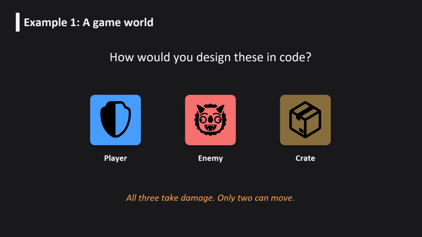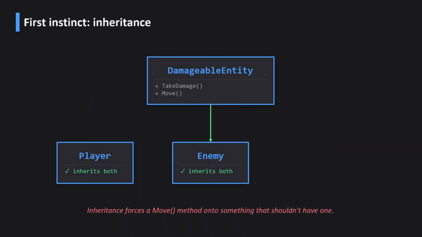Okay, so most people's first instinct while solving this problem will be to think about inheritance. Create a base abstract class called damageable entity, and put both methods on it: take damage and move. Then player and enemy both can inherit from it. So far so good.